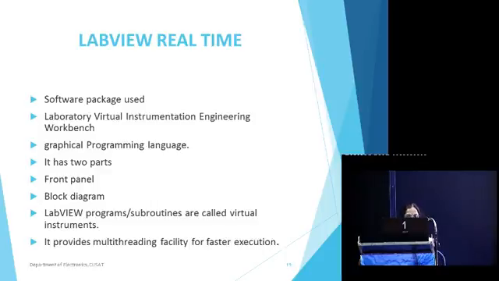For this we use LabVIEW, which stands for Laboratory Virtual Instrumentation Engineering Workbench. It's a graphical programming language using graphical notation. It has two parts, front panel and block diagram. The front panel is the interface and the block diagram is the programming part. LabVIEW programs are called virtual instruments. LabVIEW provides two advantages, multi-threading facility and timing, so we can obtain faster execution.